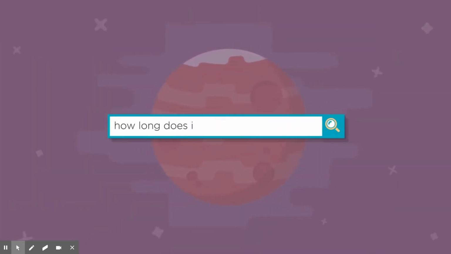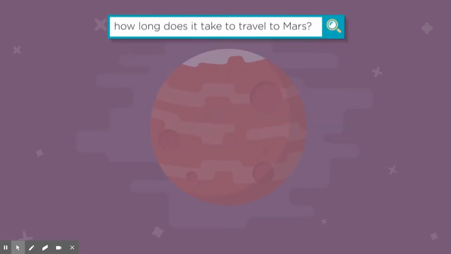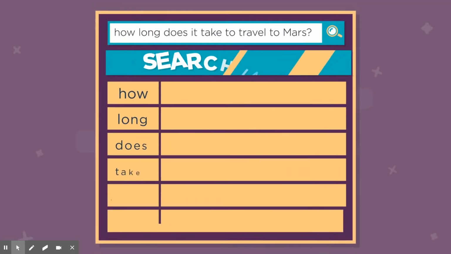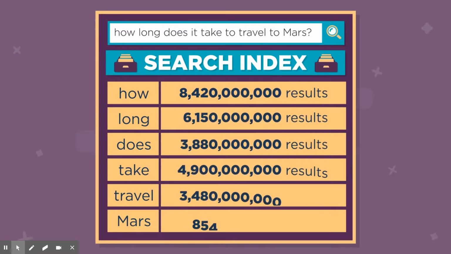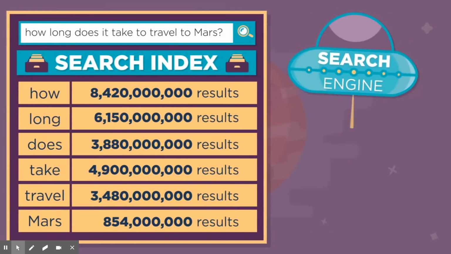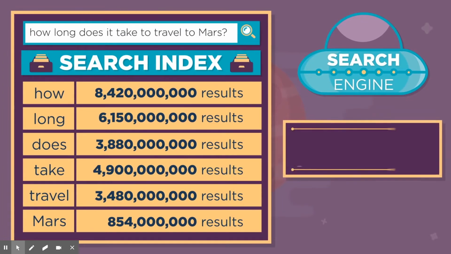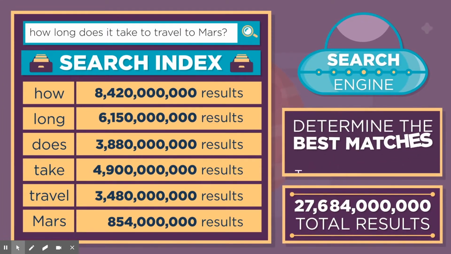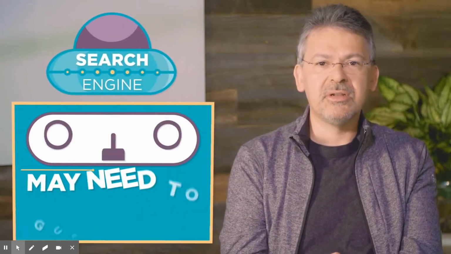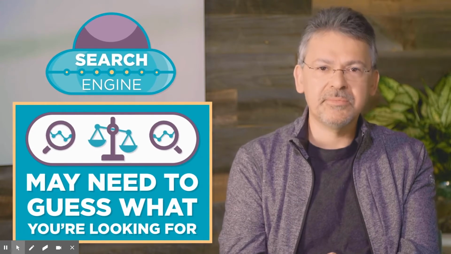When you ask, how long does it take to travel to Mars, the search engine looks at each of those words in the search index to immediately get a list of all the pages on the internet containing those words. But just looking for these search terms could return millions of pages. So the search engine needs to be able to determine the best matches to show you first. This is where it gets tricky because the search engine may need to guess what you're looking for.